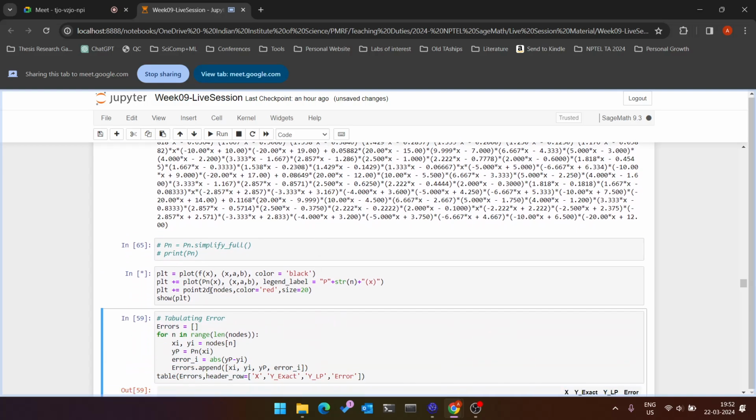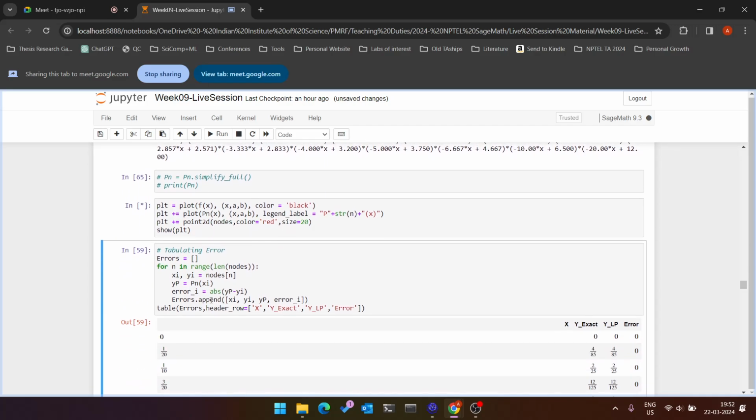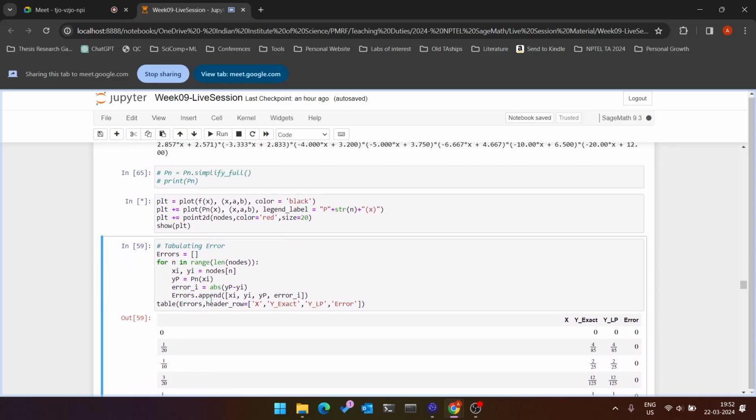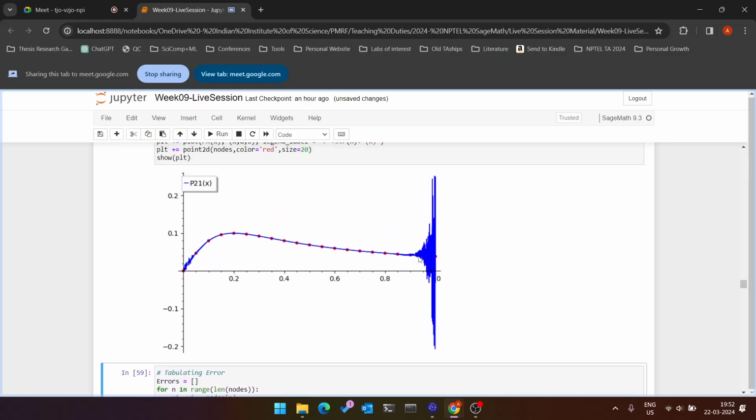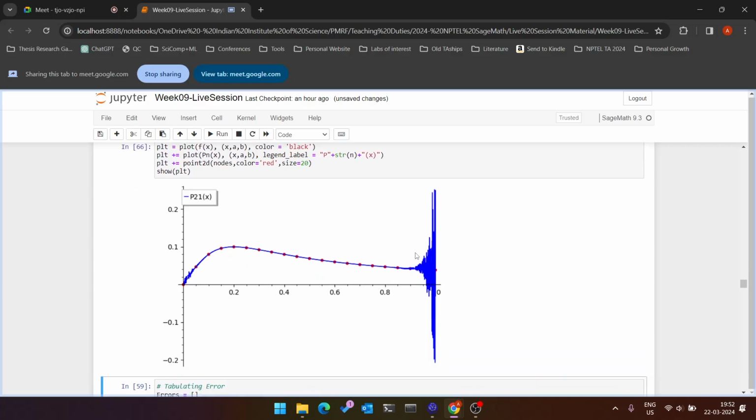But if I were to plot it, something strange happens. You can see a lot of noisiness coming out at the ends of my specified points.